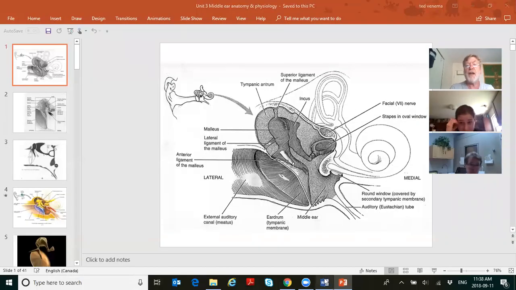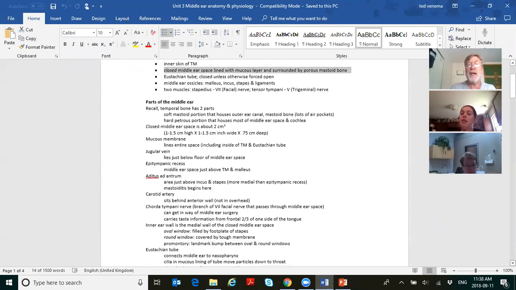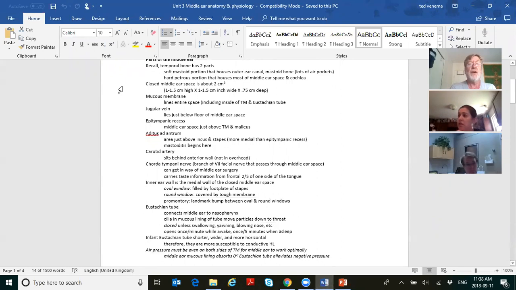Okay, have a look. We covered all the pieces and parts of the middle ear last week. All these, the closed space area, the mucosal lining. We said that the jugular vein and the carotid artery both pass very near the middle ear space.